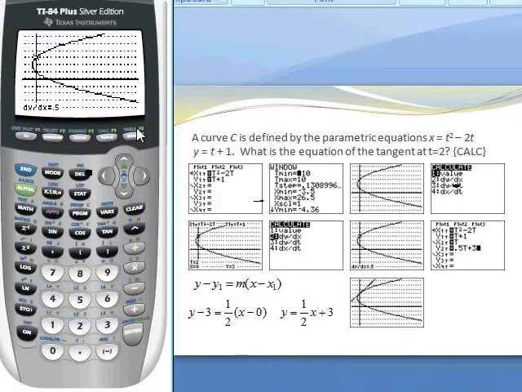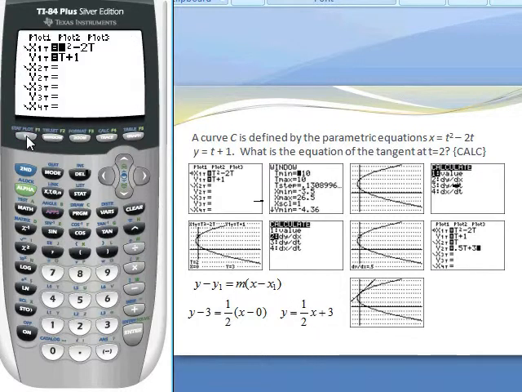Now, I have this graph, and I'm going to enter the equation of the tangent line, which I found on the previous page: y equals 1/2 x plus 3. Go to the equation editor. I'm not in function mode, but in parametric mode, so I can do a little trick.